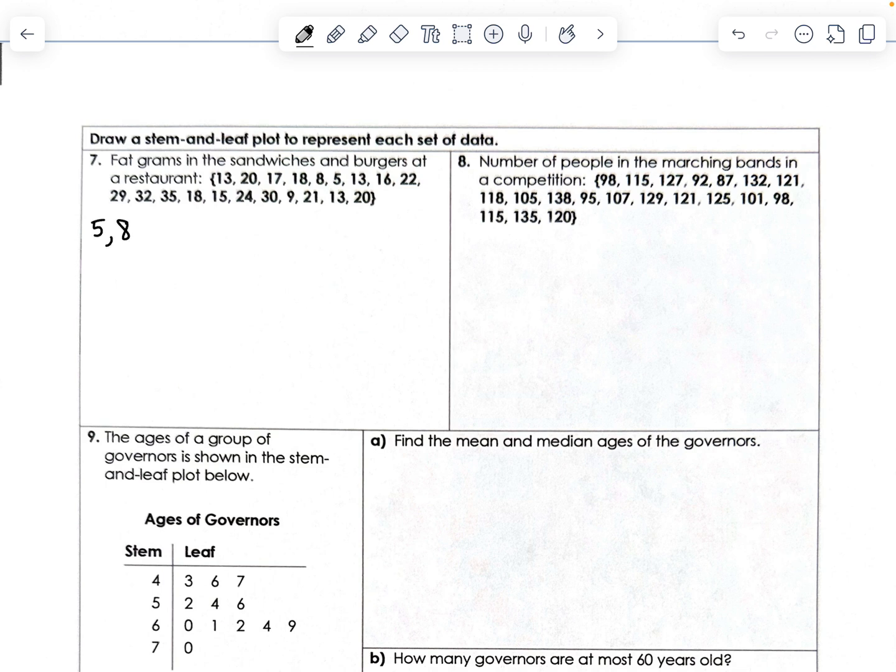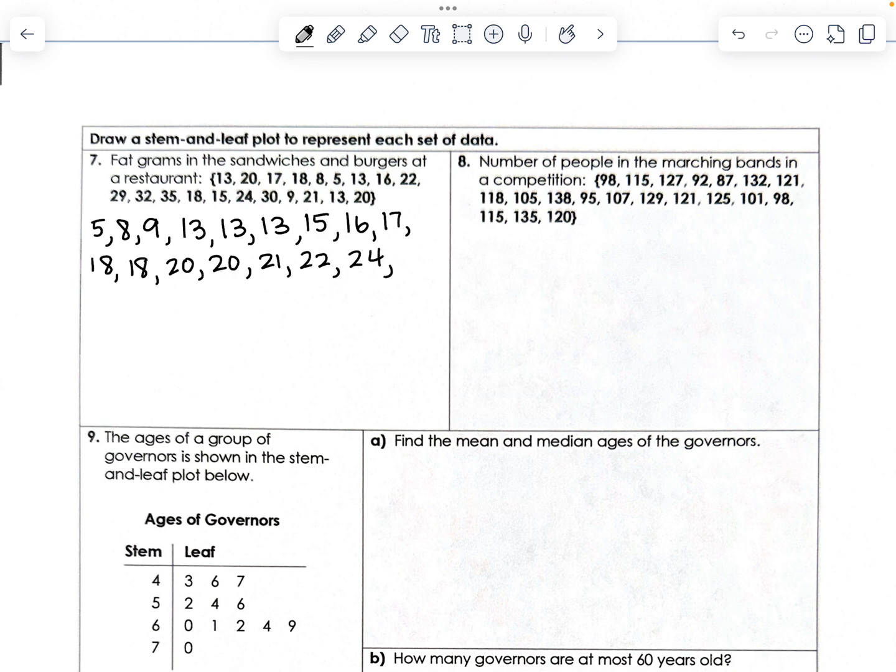So 5, 8, 9, 13, 13, 13, 15, 16, 17, 18, 2 18s, there are 2 20s, a 21, a 22, a 24, a 29, a 30, 32, and 35. I didn't exactly leave myself a whole lot of room, but that's okay.